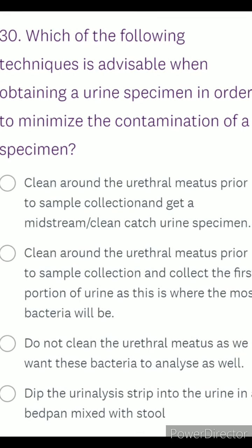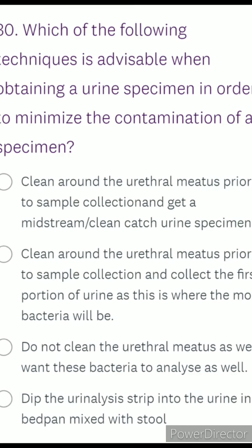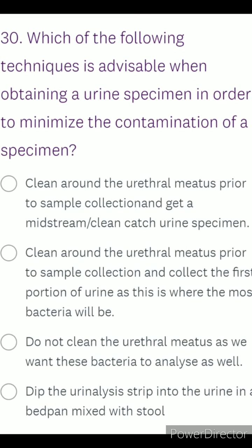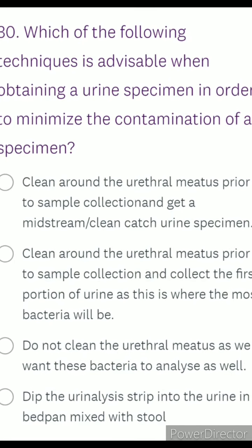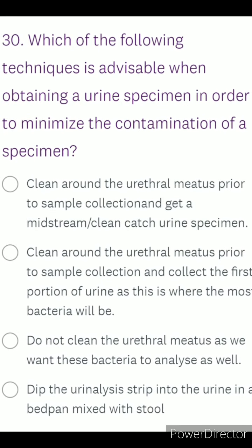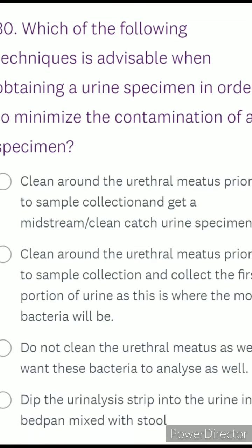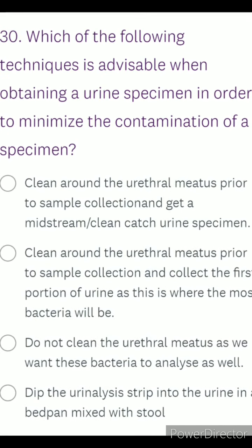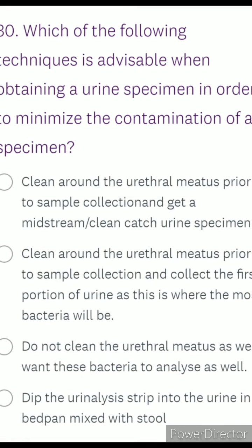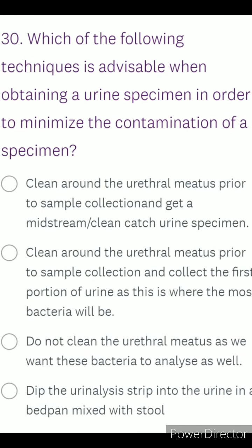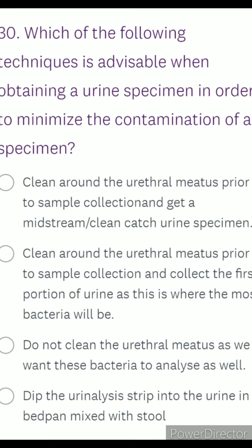Option C, do not clean the urethral meatus as we want these bacteria to analyze as well. Option D, dip the urinalysis strip into the urine in a bedpan mixed with stool. So the right option is option A, that is, clean around the urethral meatus prior to sample collection and get a midstream or clean catch urine specimen.